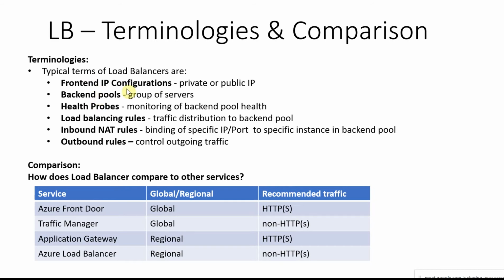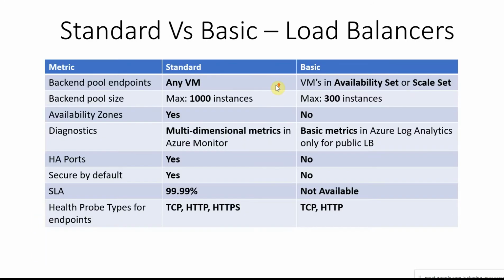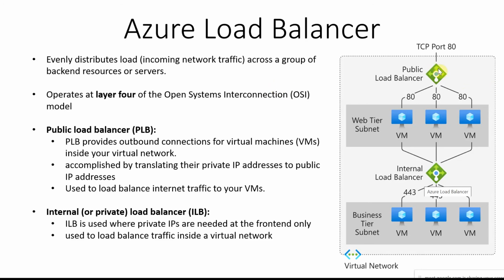The front end is where you associate a public IP or private IP. So these are the two sides of it, the front and back of the load balancer. The front end generally will have an IP association.